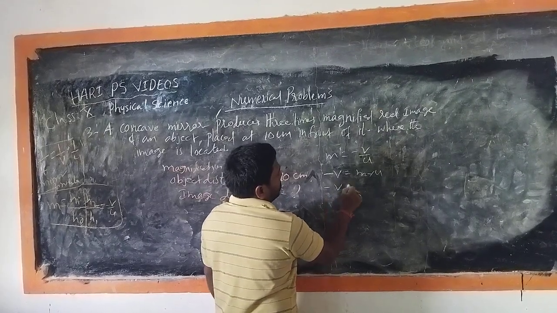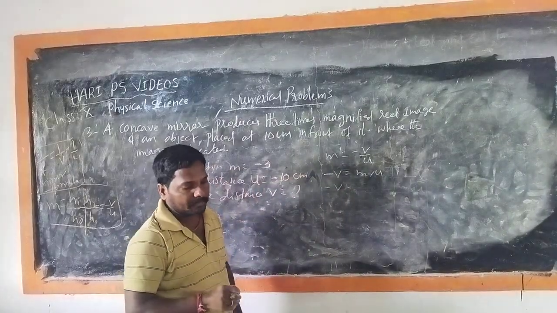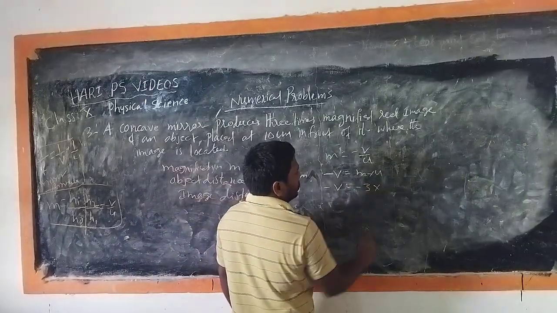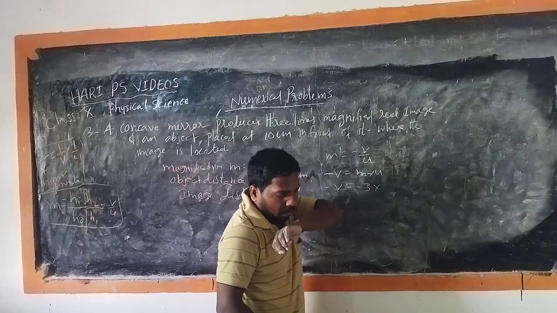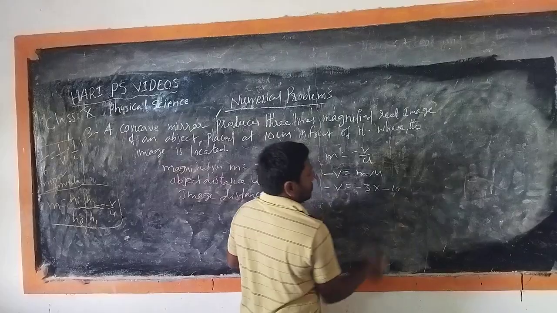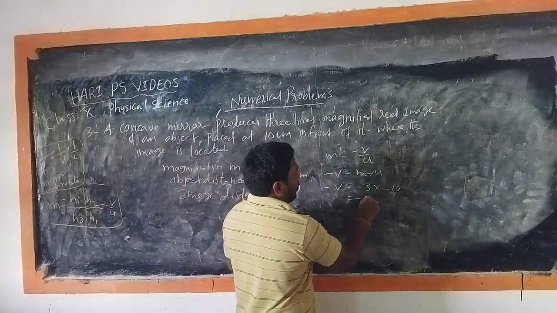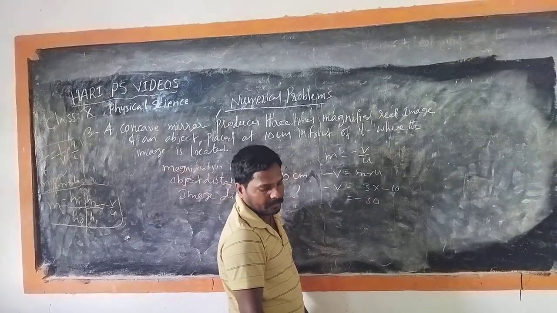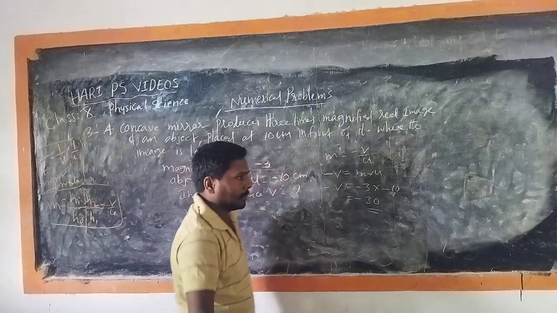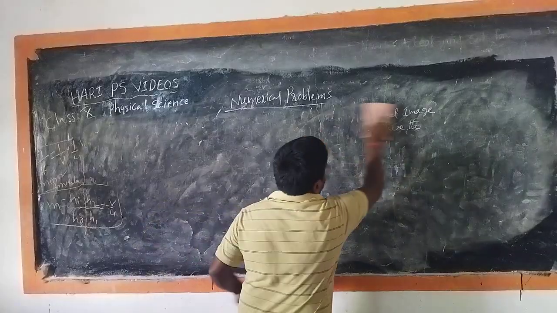So minus v is equal to magnification minus 3, negative because it is a real image, into object distance minus 10. That is equal to minus 30, so v is minus 30 centimeters. A simple problem, no problem. So these are some numerical problems.